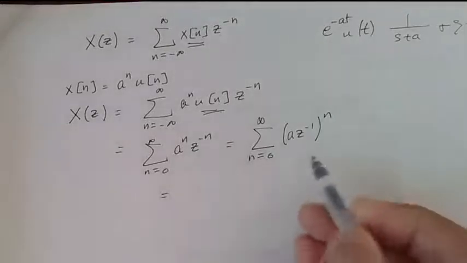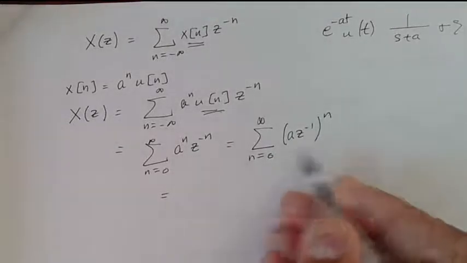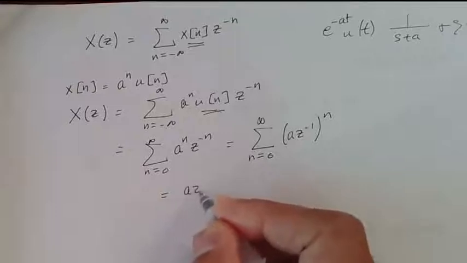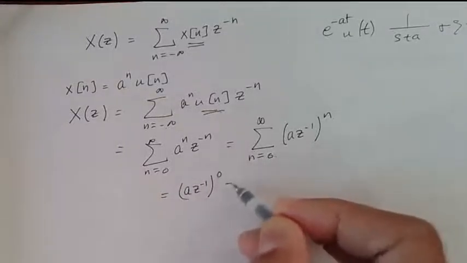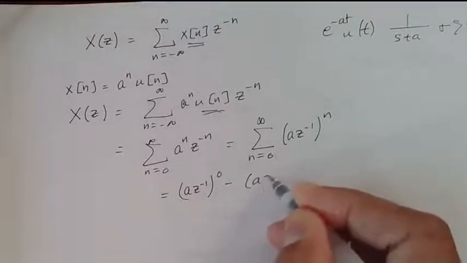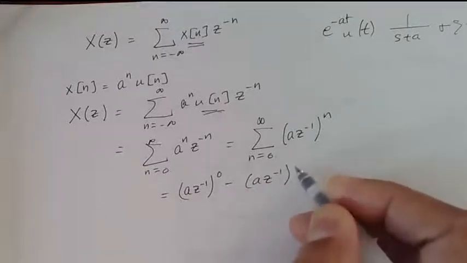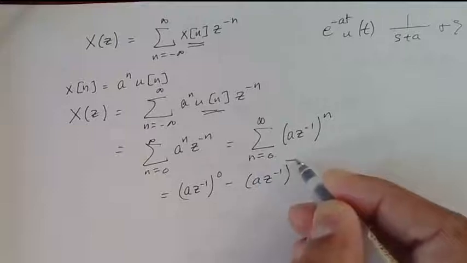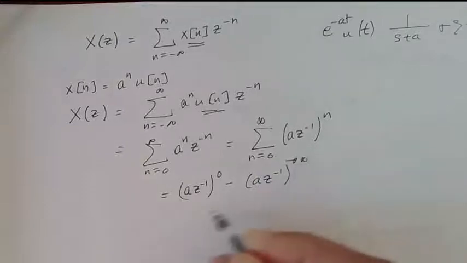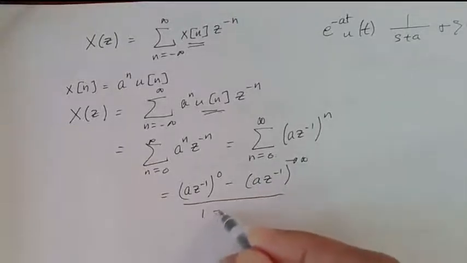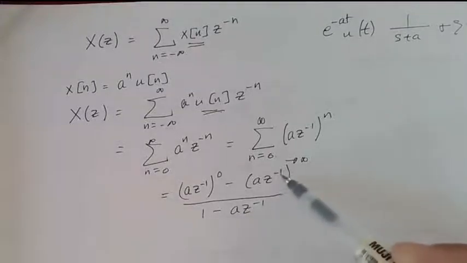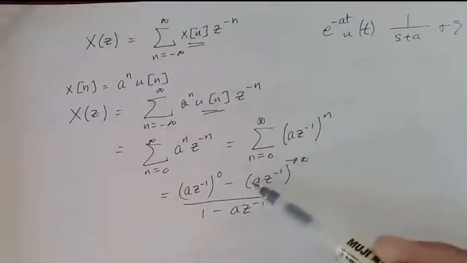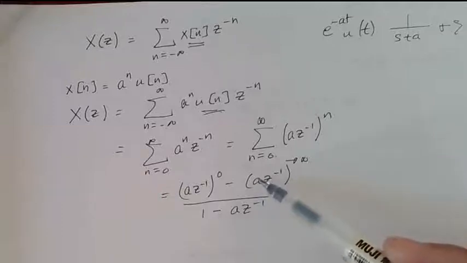That is, we have this quantity a z to the minus 1 to the power of the lower limit, which is 0, minus a z to the minus 1 to the power of the upper limit, which goes to infinity, over 1 minus a z to the minus 1. Now, this quantity here will either go to infinity or it'll go to 0.